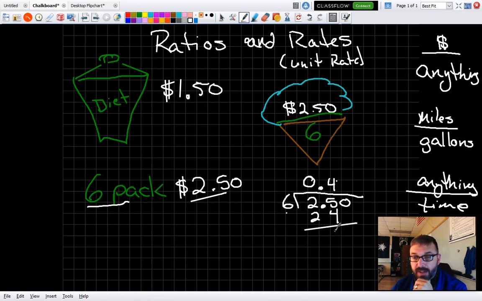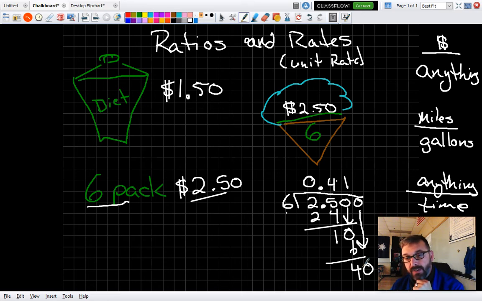Bring down my 1 because I subtracted, and the 0 comes down. 6 goes into 10 one time. 1 times 6 is 6. Gives me a 4. Bring down my 0. How many times does 6 go into 40? 6 times 6 is 36.